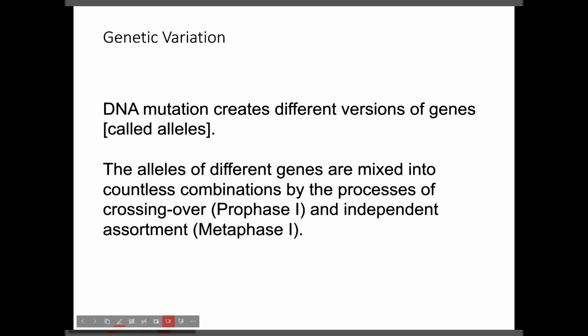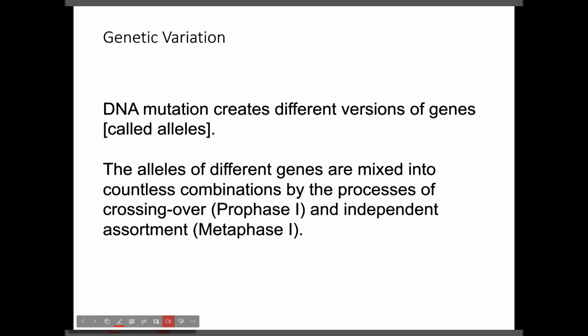All right, the rest of the chapter is a little bit of terminology and concepts. One of the main advantages of sexual reproduction is that it produces a lot of genetic variation within a species.